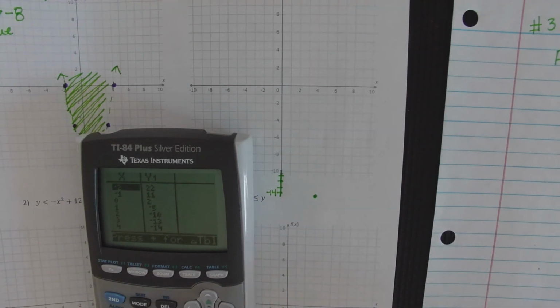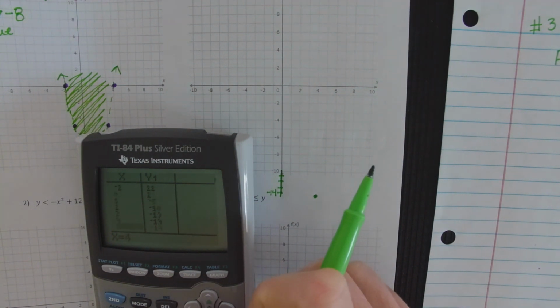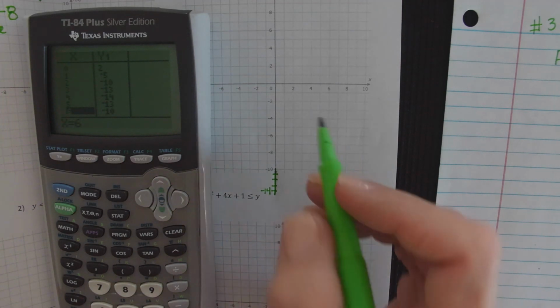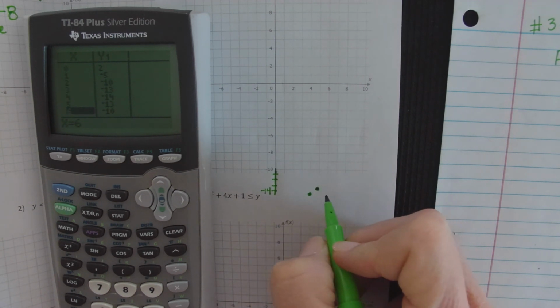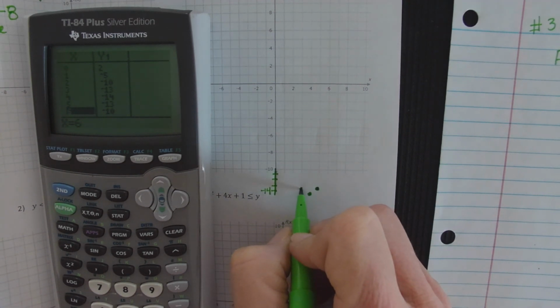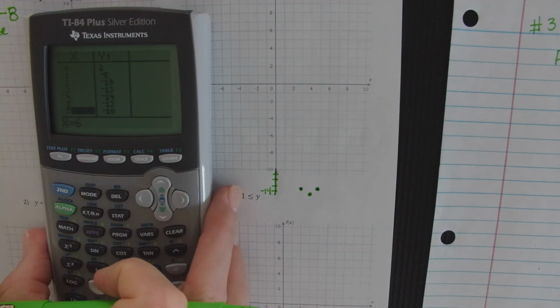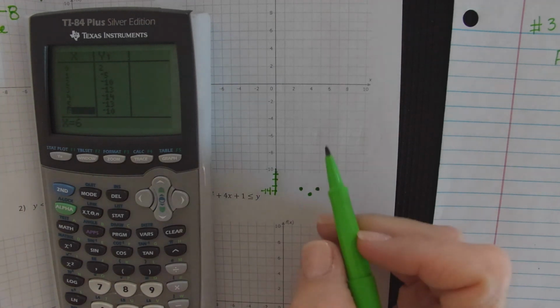So at 5, y is negative 13. And at 3, y is also negative 13. Do y'all see that on your table? You see how the numbers are repeating on the y? That's the symmetry.